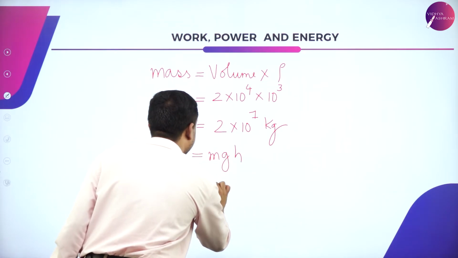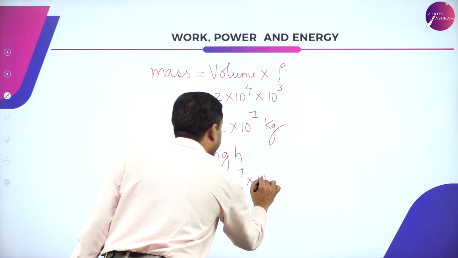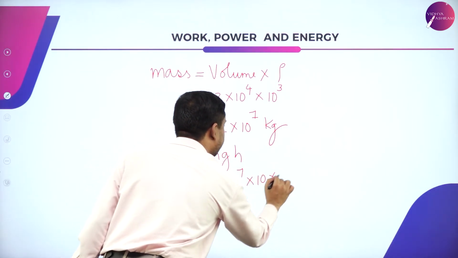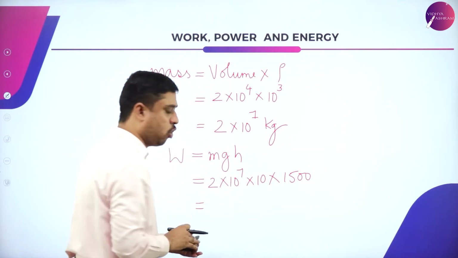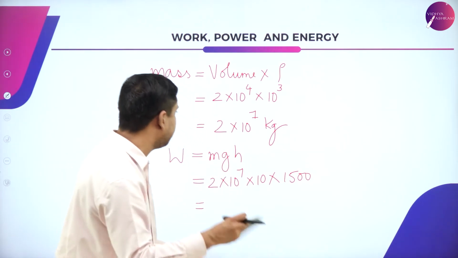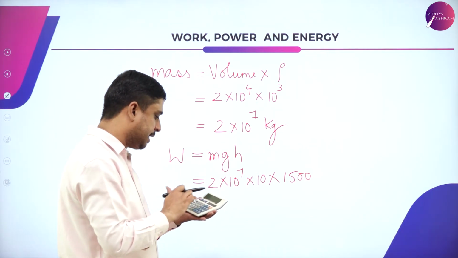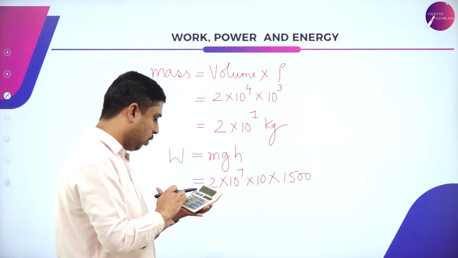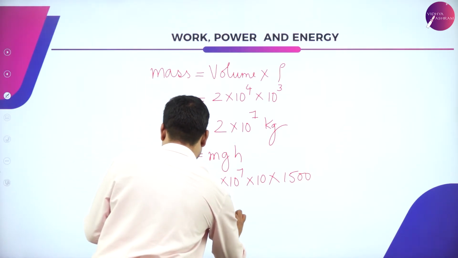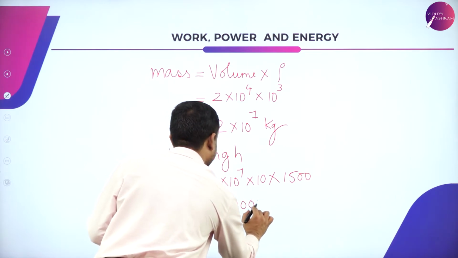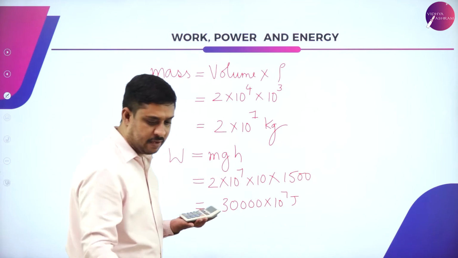mgh. 2 into 10 power 7 into g, approximately 10,500. So when we simplify this, it turns out to be 20 into 1,500, which is 1, 2, 3, 4 into 10 power 7 joules.